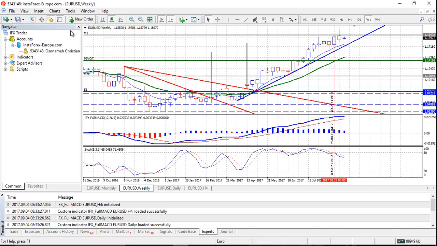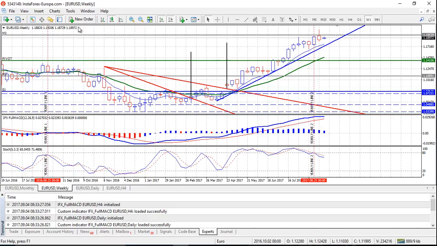So let me close that so that we can have a clear vision of all the tools and how the platform looks like. As you can see, this is depressed. This is telling you that this is the weekly chart, and then this is the monthly chart.